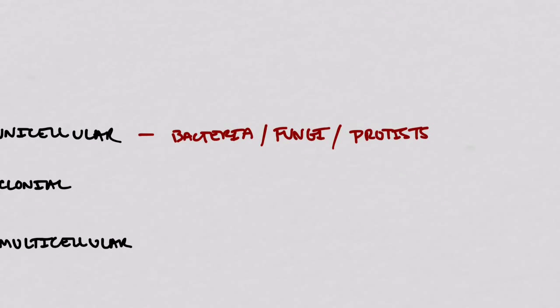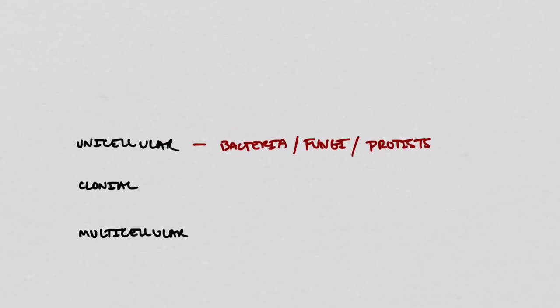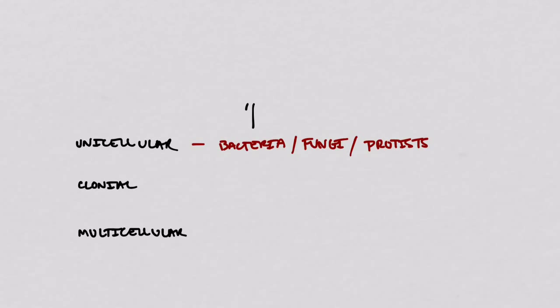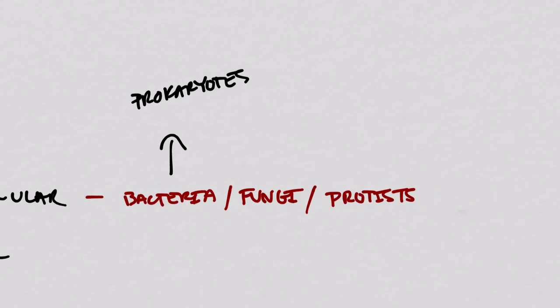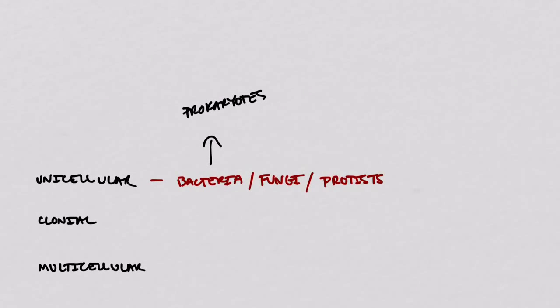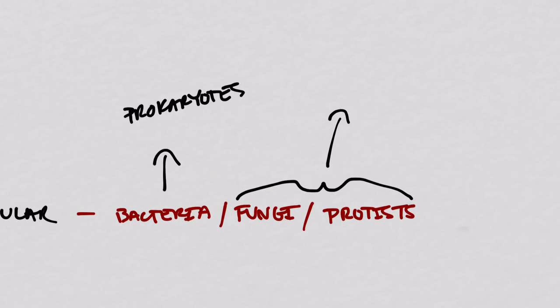Now, bacteria fall into one type of classification of life, and that's prokaryotes. Prokaryotes, as you recall, lack a nucleus and lack any membrane-bound organelles. Fungi and protists, however, belong to a different grouping, and that's eukaryotes.